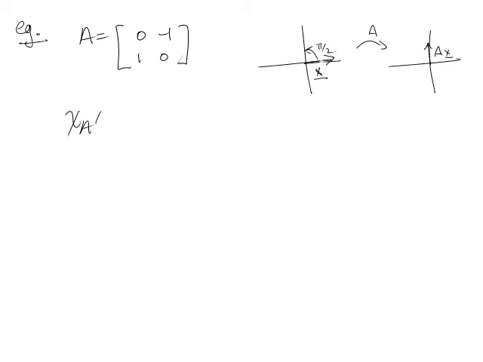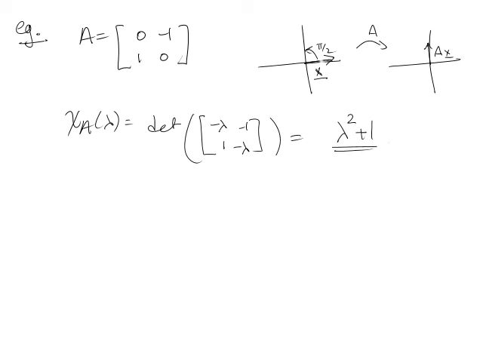The characteristic polynomial is the determinant of A minus lambda I, which is (-lambda, -1; 1, -lambda), and if you multiply it out, it is lambda squared plus 1. Now it's easy to see that this polynomial has no real roots. So A has no real eigenvalues.